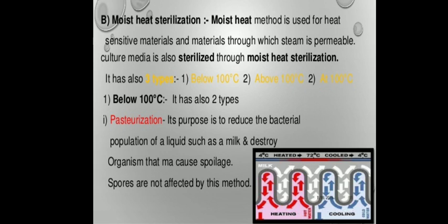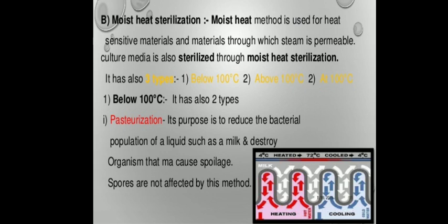Generally the moist heat sterilization technique is used for the most sensitive materials and the materials through which steam is permeable. Generally your culture media are there, then different types of substances are there in which it is very important to sterilize those substances, but the quality of that product should also not be destroyed.